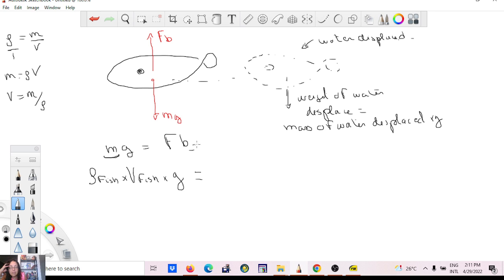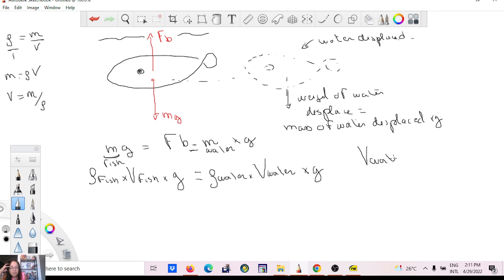So the buoyant force equals the mass of the water displaced times g. The mass is going to equal the density of water times the volume of the water displaced times g. But because the fish is totally submerged, the volume of the water displaced is exactly the volume of the fish.